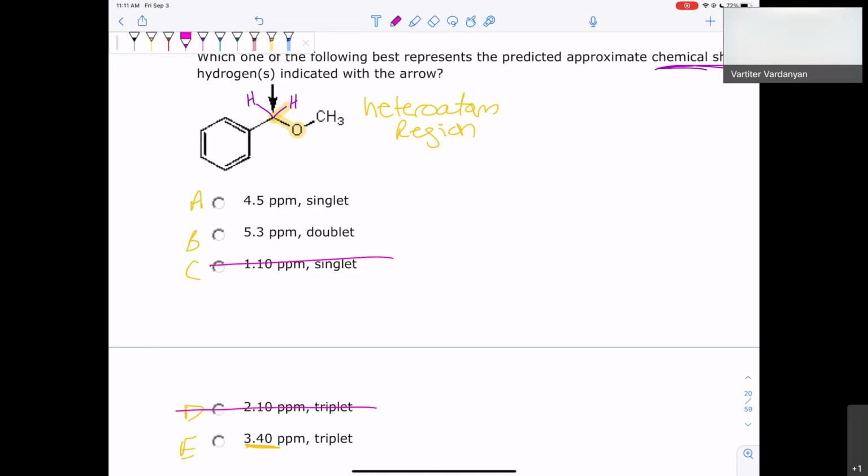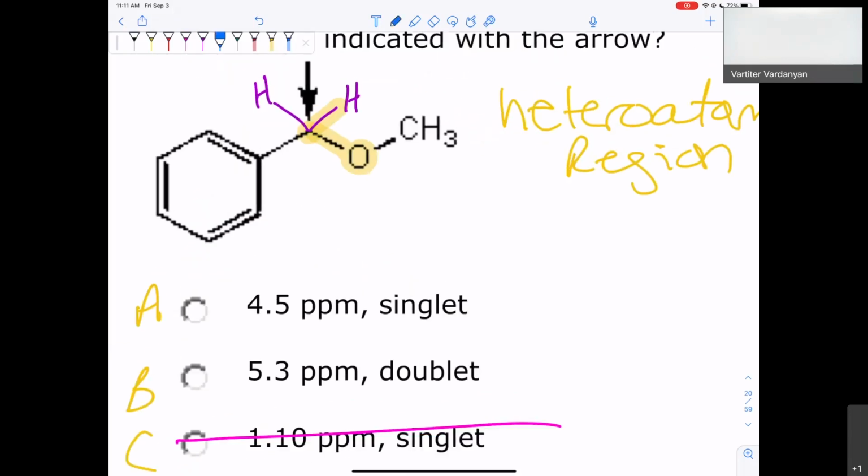But let's double check. Does this purple hydrogen have any neighbors? Let's look. 1, 2, 3, no neighbors. 1, 2, depending on what day, Dr. West and how he feels, 3, no neighbors.